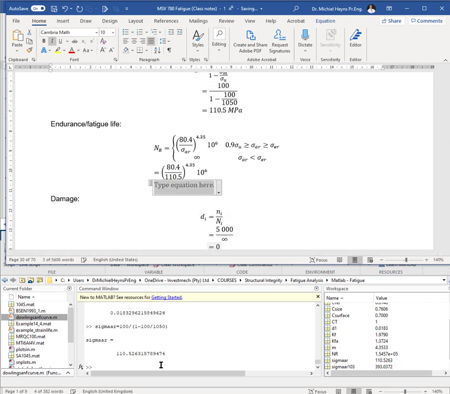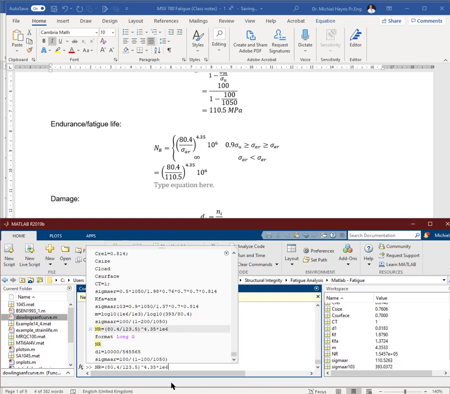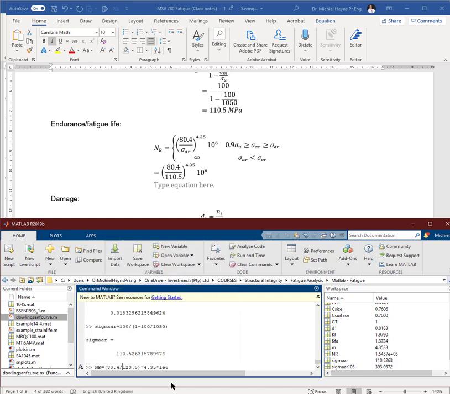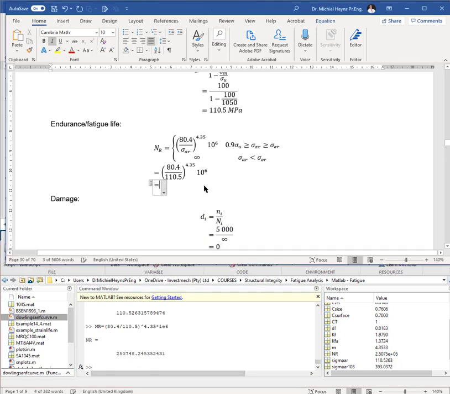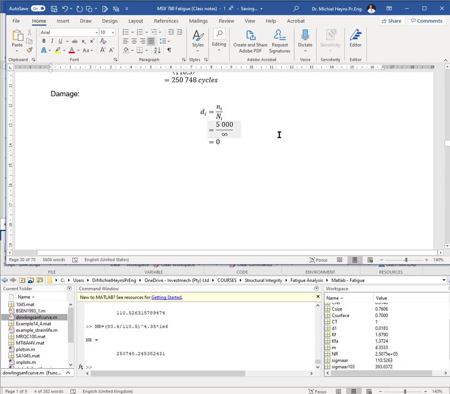Now in this case, we're going to use NR here again. Same equation, and NR works out 250,748 cycles. That's the endurance that we calculate at that completely reversed stress amplitude.